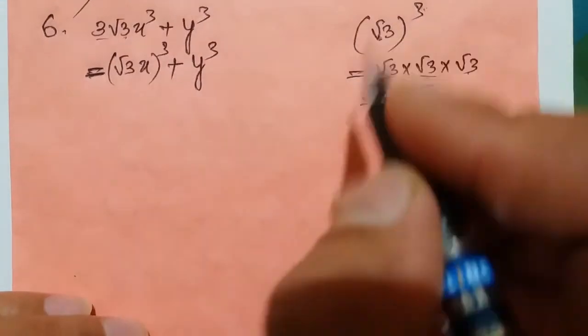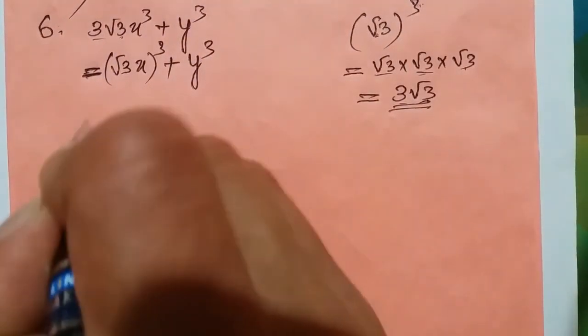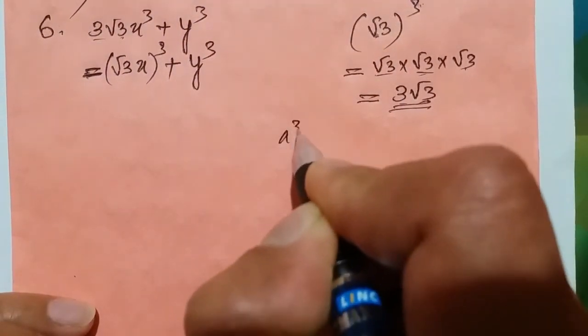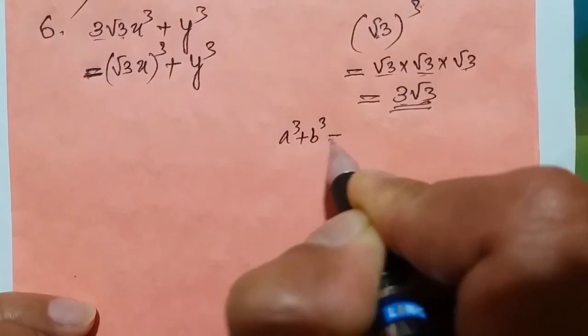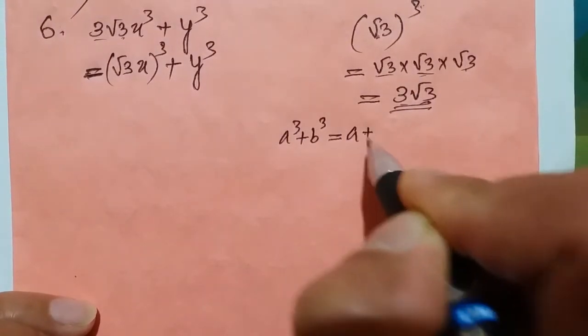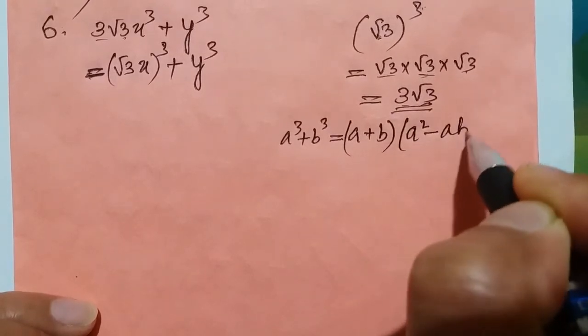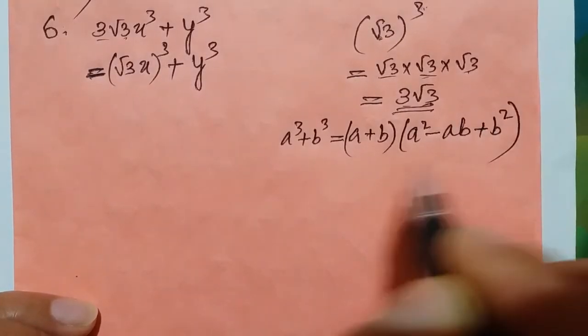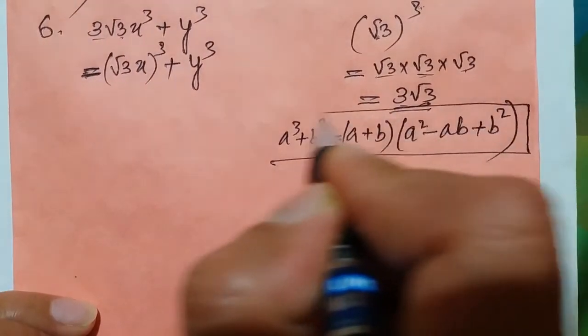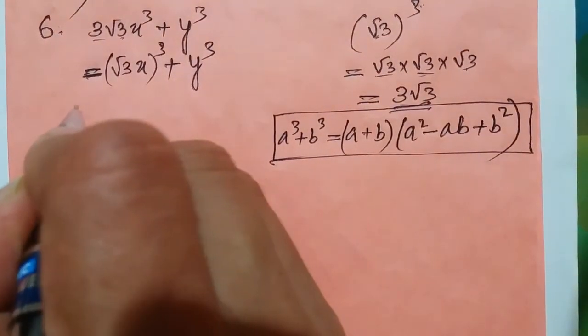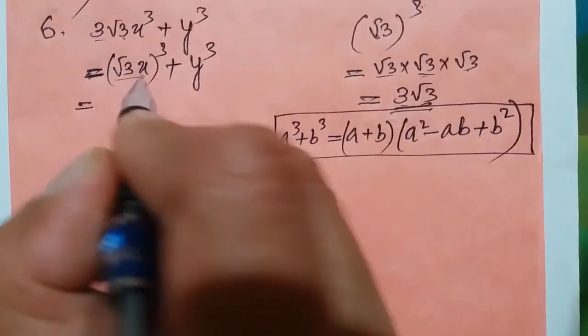Now let's recall the formula. A cube plus b cube is equal to (a plus b)(a square minus ab plus b square). So this is the identity that we have to remember. Now this is a and this is b.